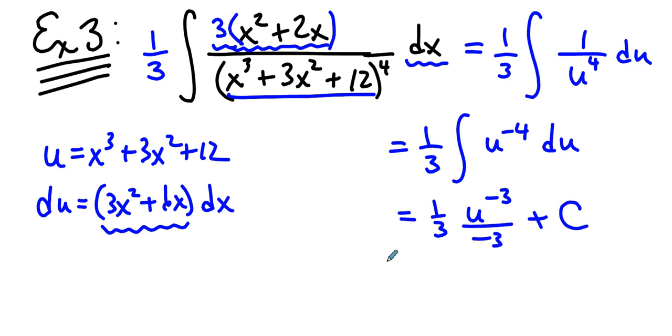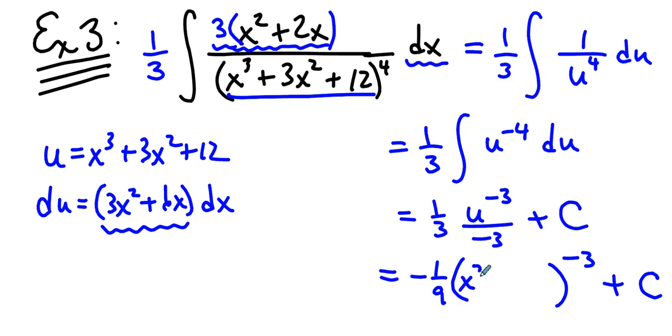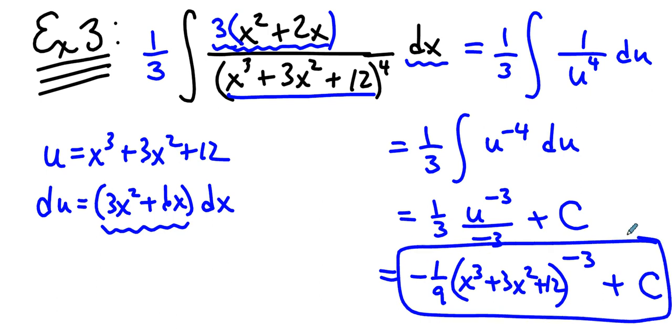And so now you're cooking with gas, right? So this is -1/9 u to the -3 plus a constant. But we don't write u, we write x.